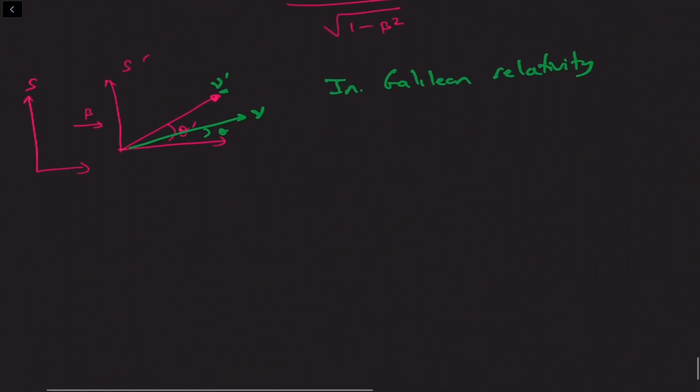So in Galilean relativity, if you have a source of light and it's coming towards you, so this is the source S prime, which is moving, and you are at rest. You're at rest in your rest frame, and the source is moving towards you with a speed v.